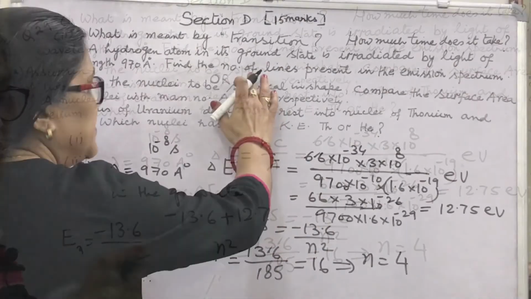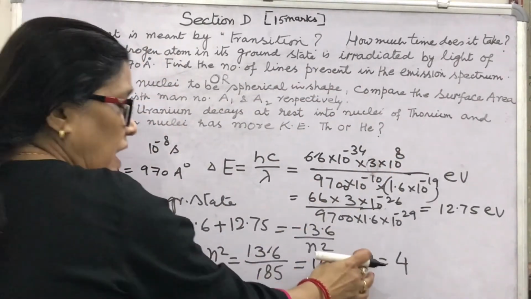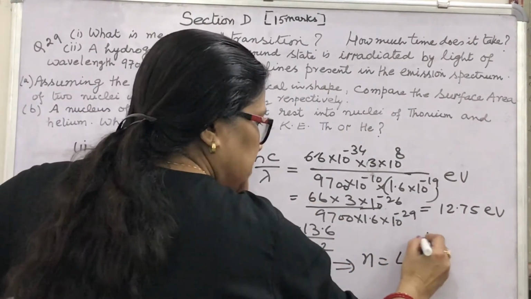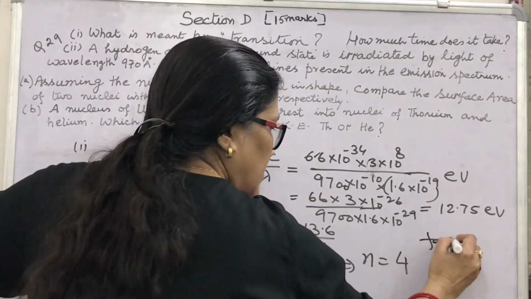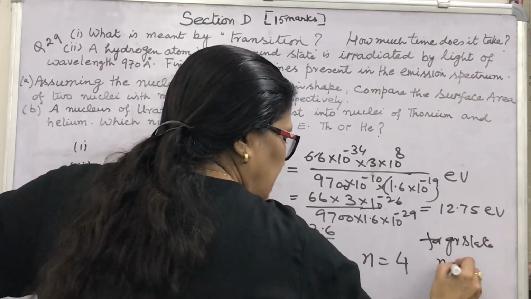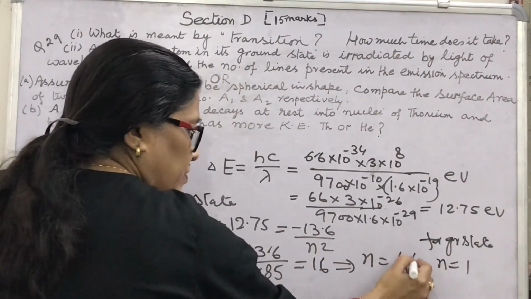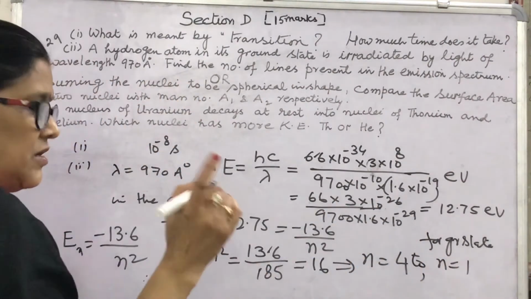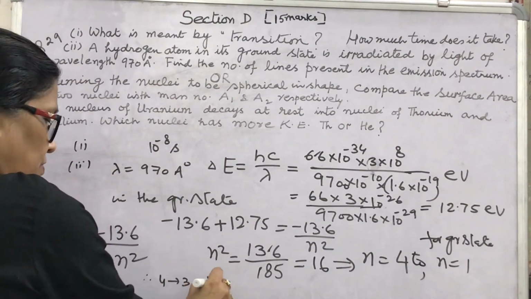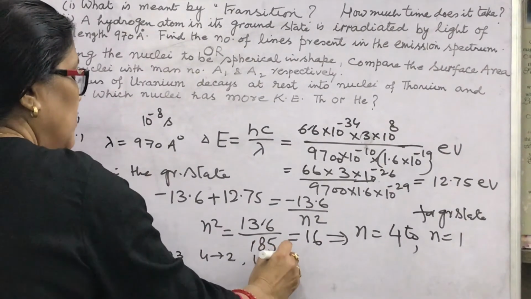We have to find the number of lines present in the emission spectrum. N equal to 4 down to the ground state. For the ground state, what is the value of n? For the ground state, n equal to 1. So how many lines are seen from n equal to 4 to n equal to 1? Look, from 4 to 3, then 4 to 2, then 4 to 1.